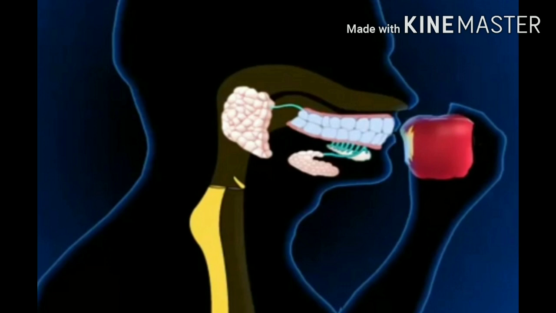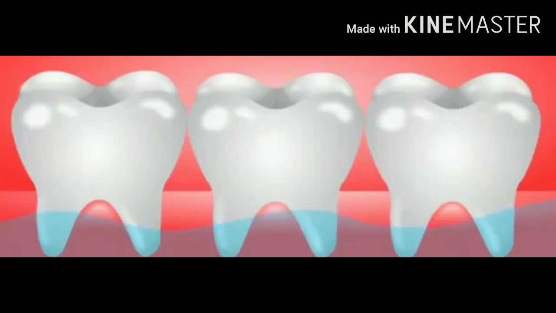The four types of teeth are incisors, canines, premolars, and molars. Our teeth are covered with a hard protective covering of enamel. The enamel covers the dentine, which is a yellowish substance forming the bulk of the tooth.